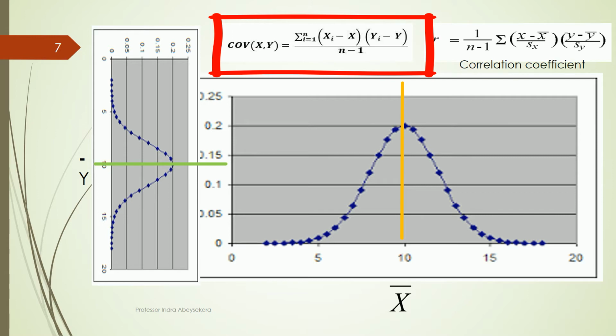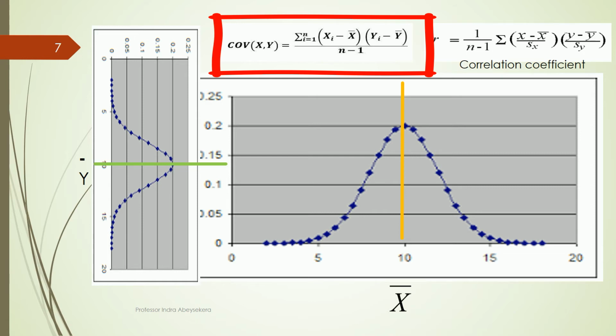So when we add all the distances for the x variable, it gives us the total variance for the x variable, and when we add all the distances for the y variable, we get the total variance for the y variable.